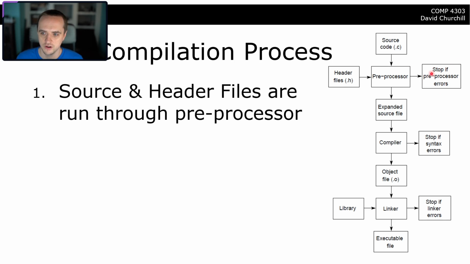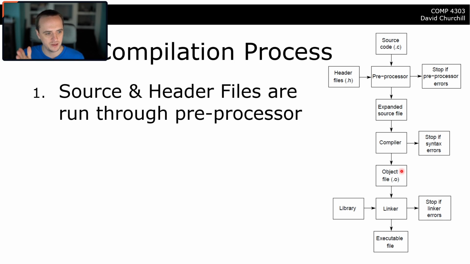So it will either stop if there are errors, or it will expand the source file into a single file that's run through the compiler. Then you're going to compile your source code, and it'll stop if there are any syntax errors at the compiler level. So for example, if instead of int you typed INTT or something like that, that's a compiler level error. If it's compiled correctly, it will be compiled into an object file.